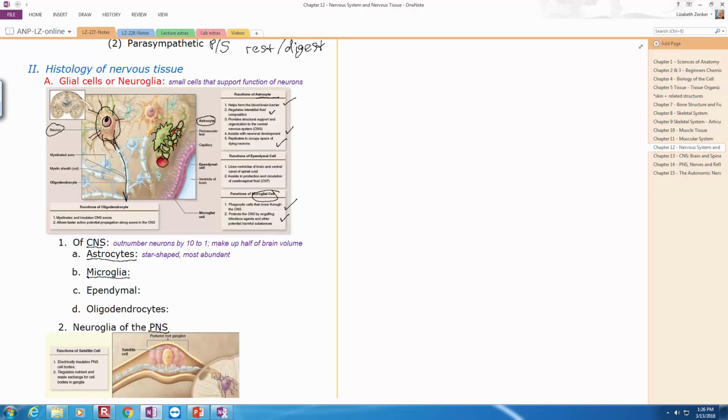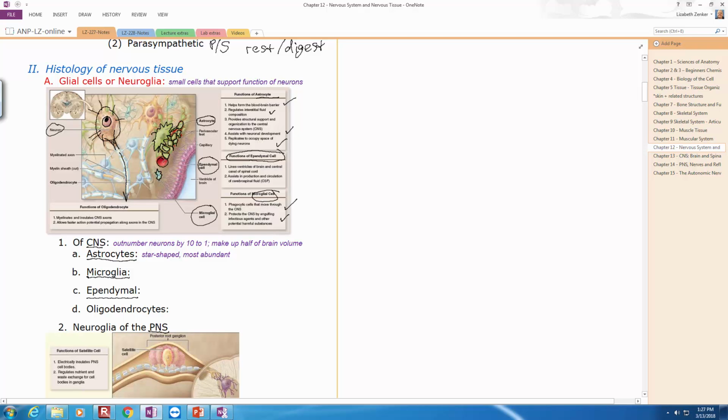Let's see, what else do we have here? Next is ependymal cells. So that's the middle box here. So what do the ependymal cells do? They line the ventricles of the brain and central canal of the spinal cord. So here, sorry, was your microglia. See how tiny he is? This is a microglia there.